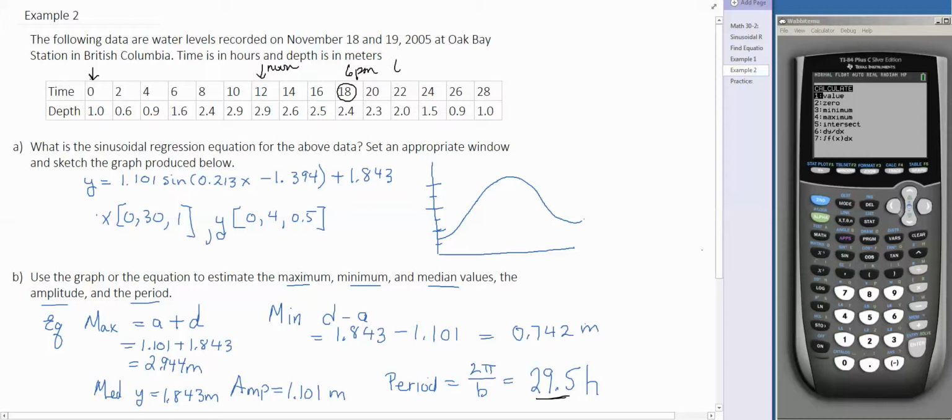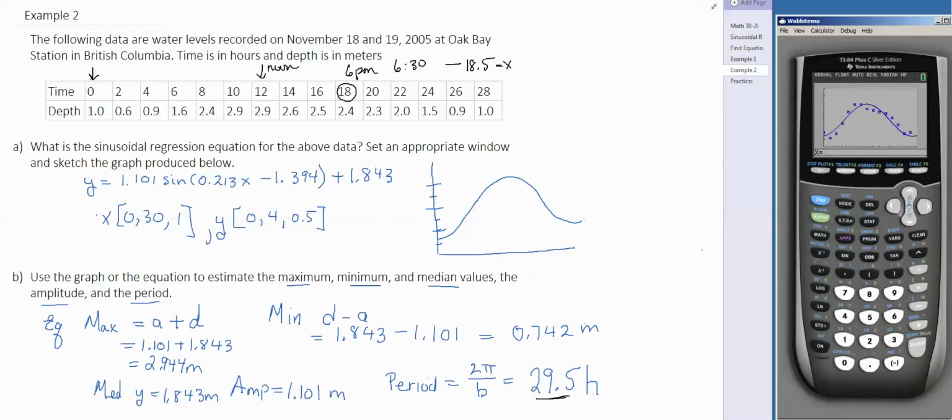And we're looking for 6:30, so that's going to be 18.5 as our x value that we're going to use. So we'll calculate it. X is equal to 18.5, and what is y? So our y value is 2.455, or 2.46 meters.